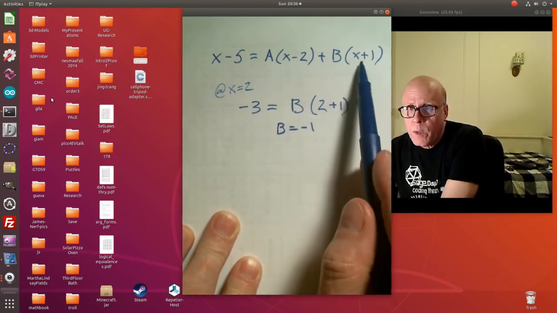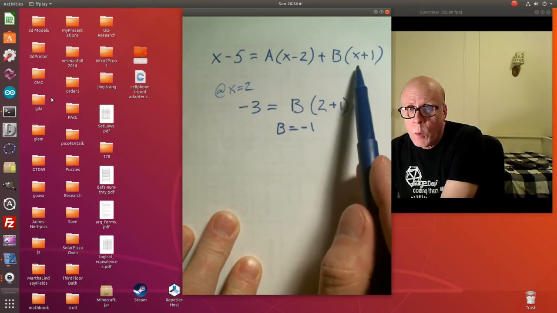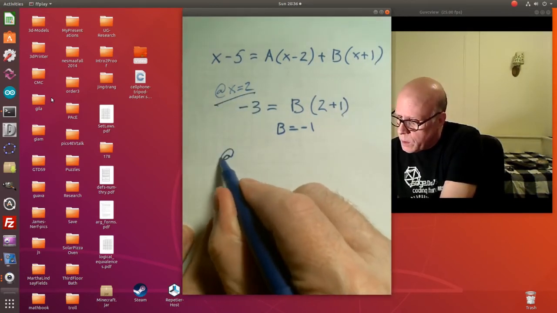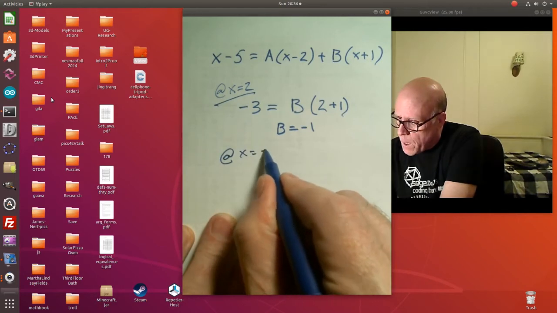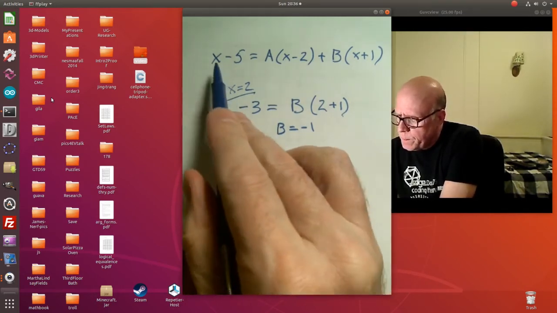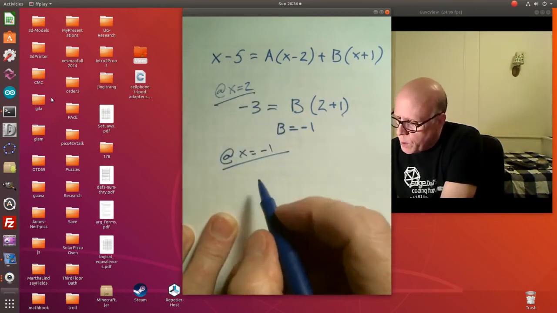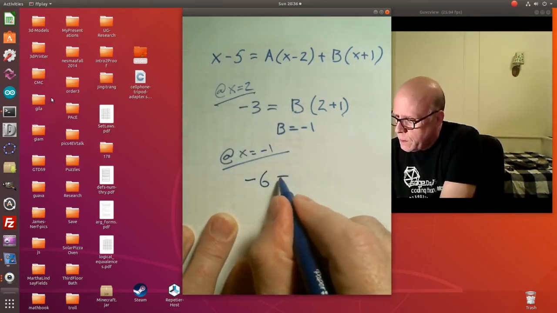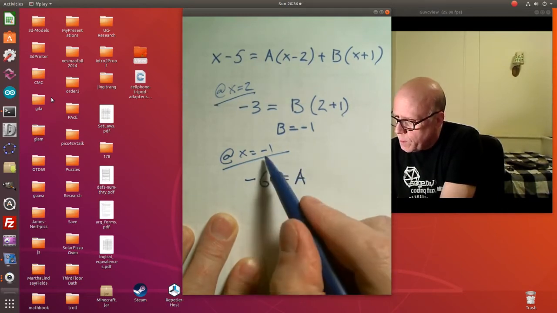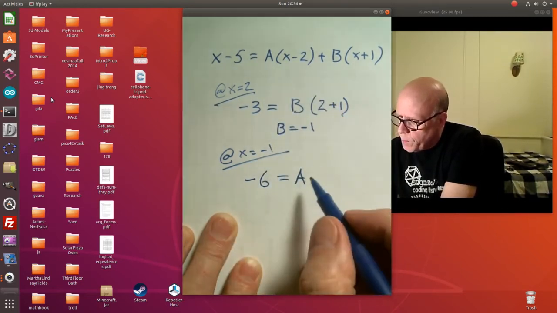What value of x would we choose to make this part go away? Instead of at x equals 2, we could look at x equals minus 1. And then, let's see, minus 1 minus 5, that would be minus 6, equals A times, okay, minus 1 minus 2, right? That's minus 3.